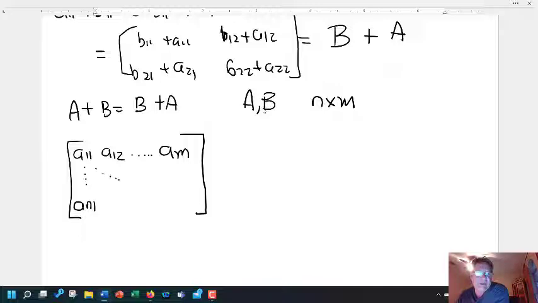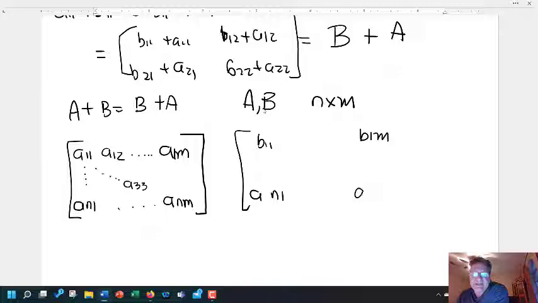That means as we go through, this will be like A33 in the middle. And finally, this last entry is Anm. B is going to be exactly the same, B11, B1m, An1, and then finally, Bn1, Bnm.